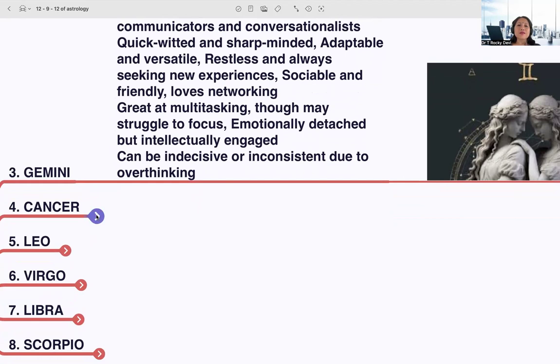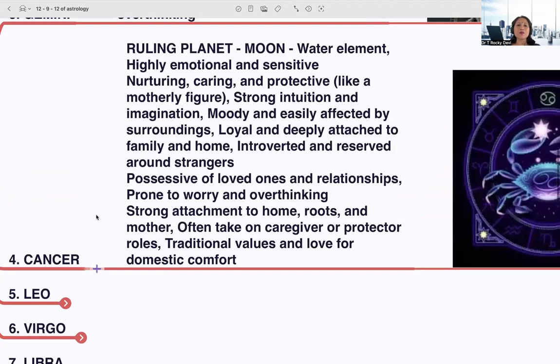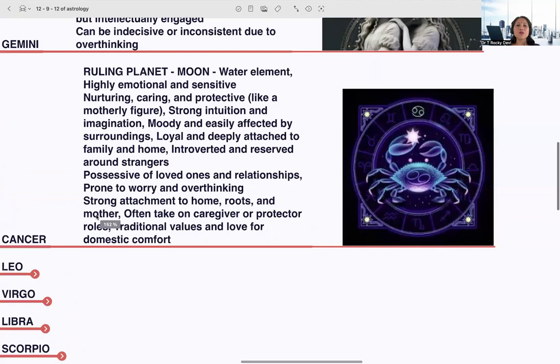So, if you see about the Cancer people, the ruling planet for Cancer is Moon. So, Moon is a water element. So, what happened to those people who are Cancer as a Rasi or a lagna? They are highly emotional and sensitive persons because the moon, from new moon to full moon, changes its shape as per the reflection of the sun.